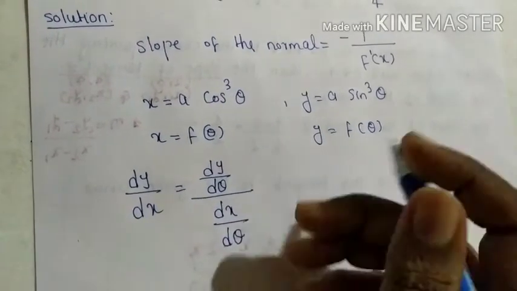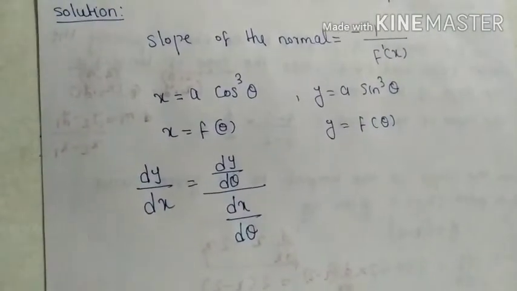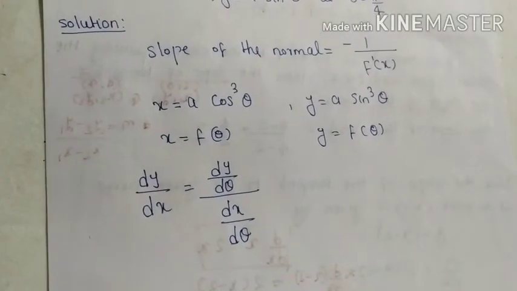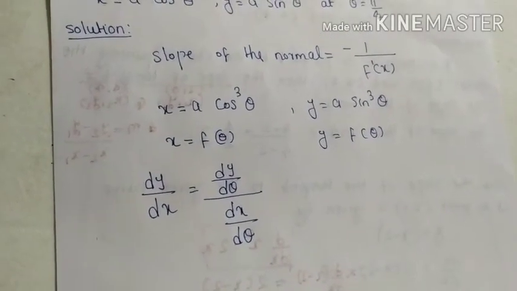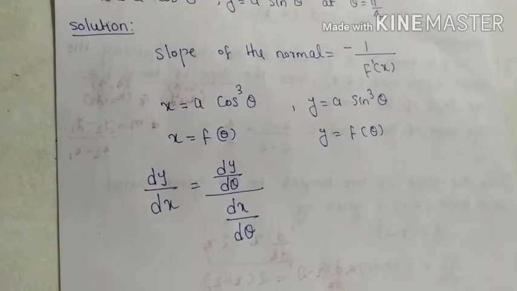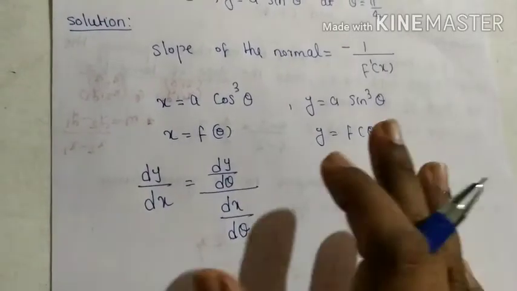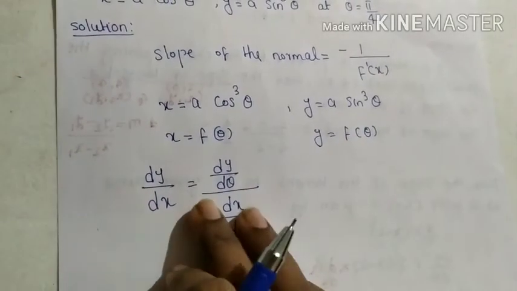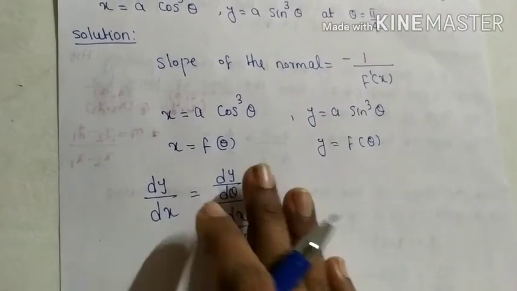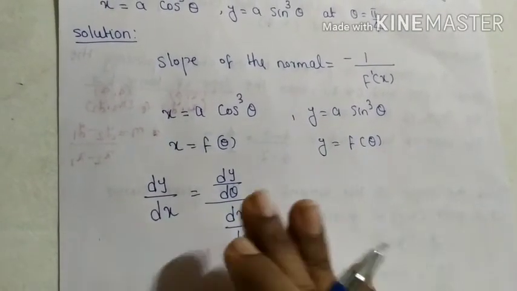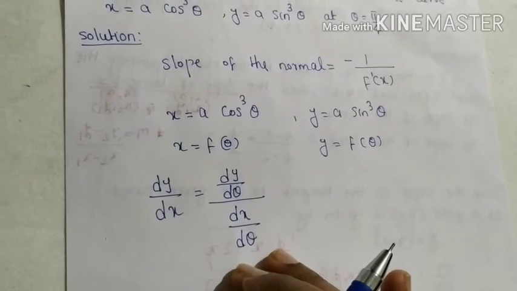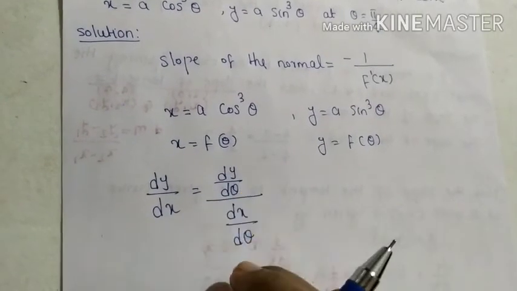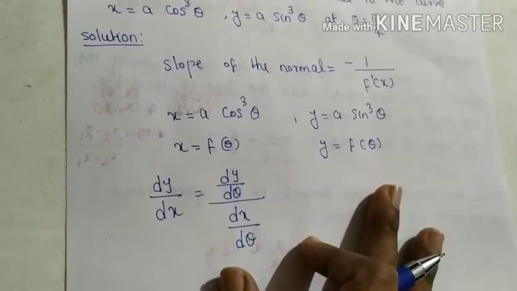I hope you remember, we had already learned in parametric equations how to find the derivative of a parametric function. So first of all we need to find dy by d theta and dx by d theta.